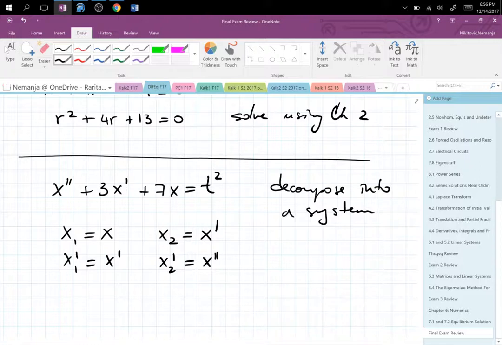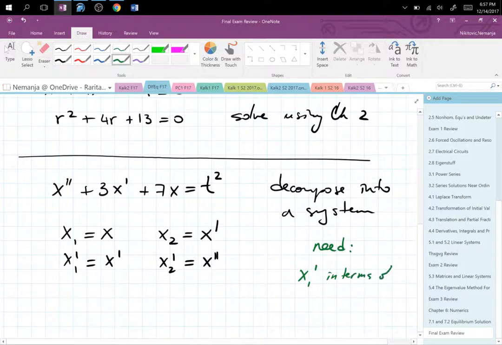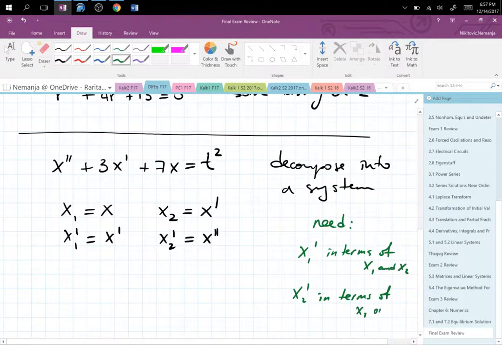Now what we need is x1 prime in terms of x1 and x2 only, and x2 prime in terms of x1 and x2 only. So that's what I need.